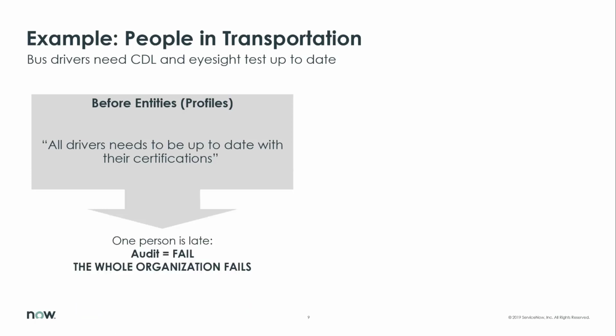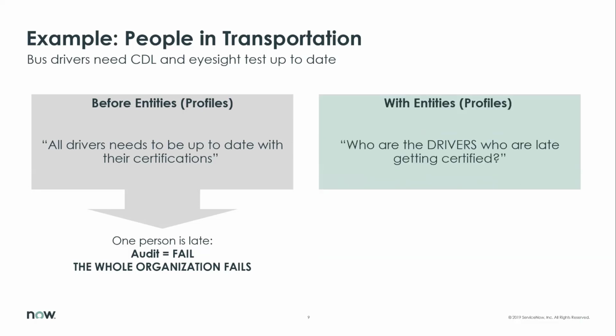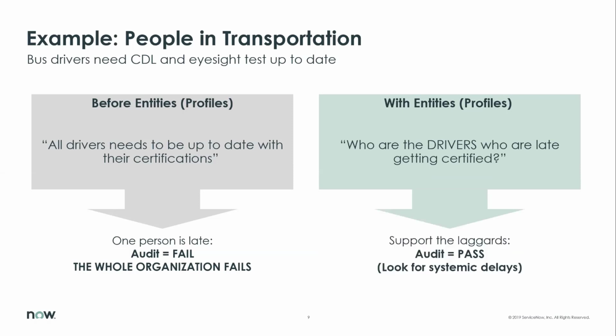And as an organization, if you're going to do a sampling of data and maybe you find some people haven't done what they should do, you're going to fail that audit, right? And the organization fails. But with entities, as you set up a driver as an entity, and each one of them is assigned the task, they say, well, yes, here's my evidence, and here's the results of my eye test.